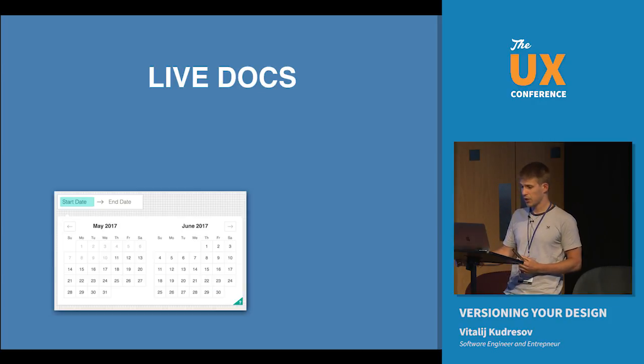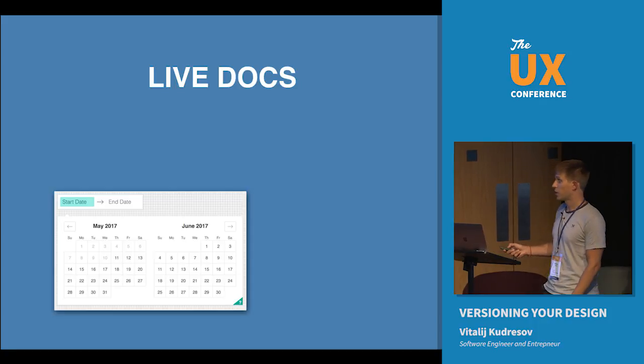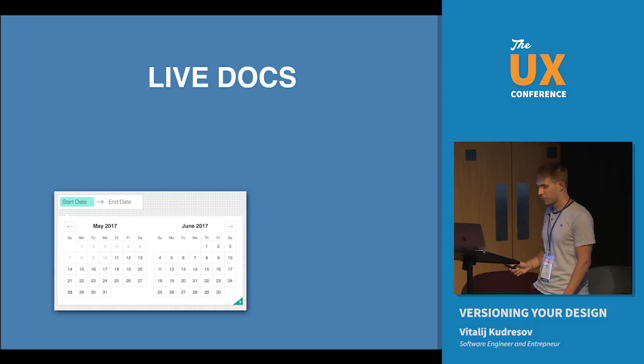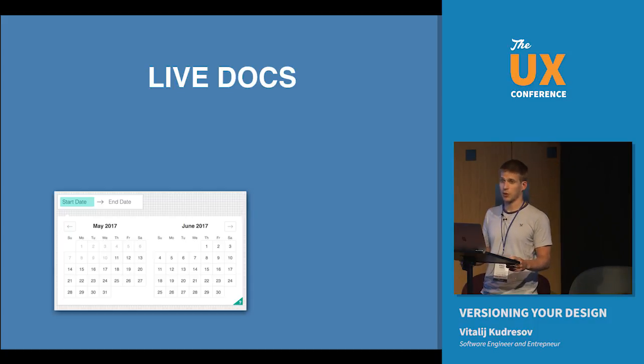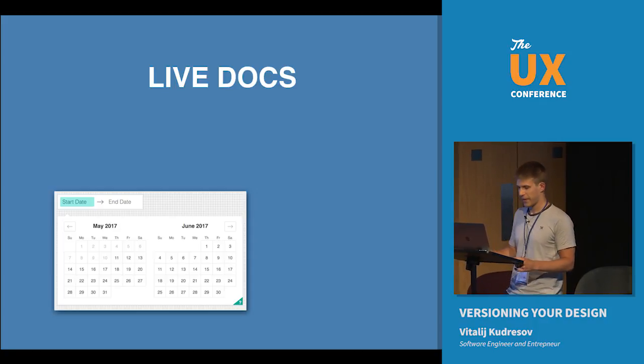And one of the companies pushing it is Airbnb. They have a component, one of the very popular ones, the calendar component. Fairly complex. People who design a calendar component probably know how many edge cases it has.